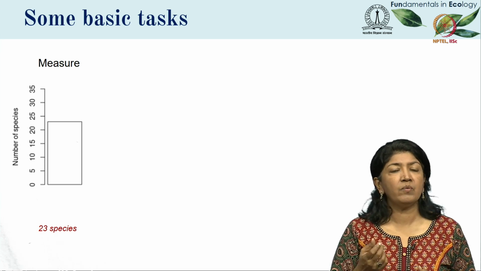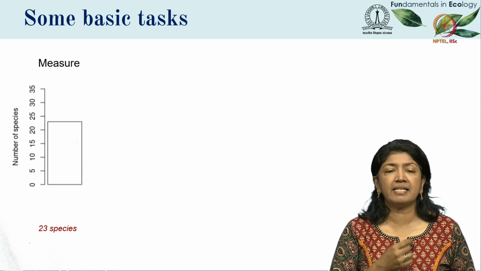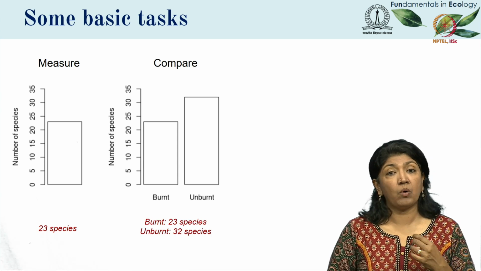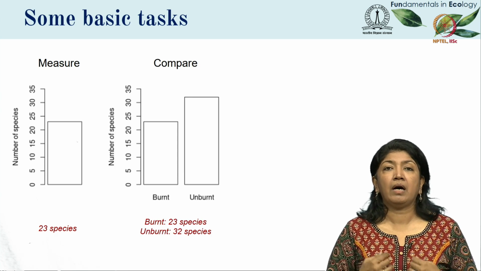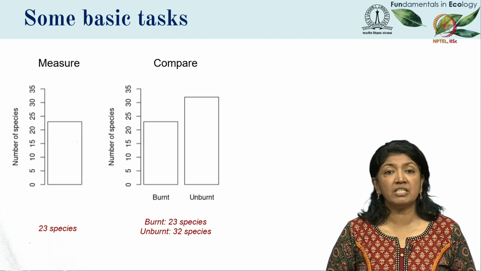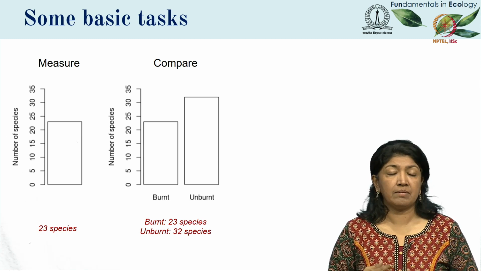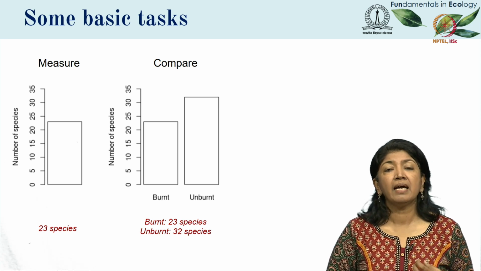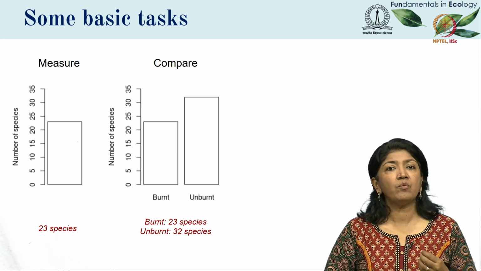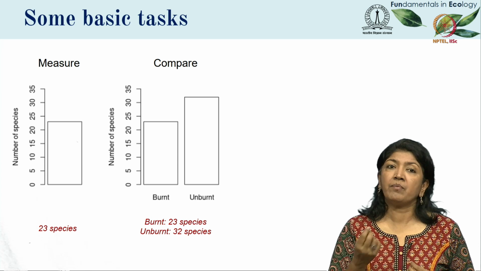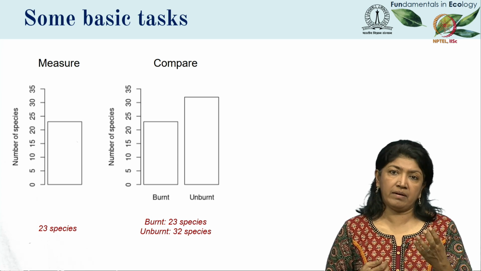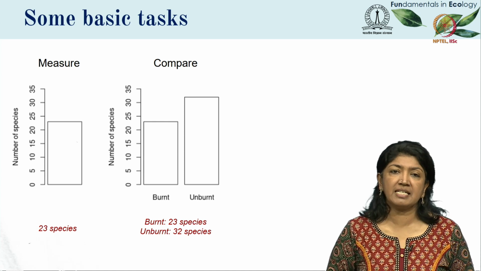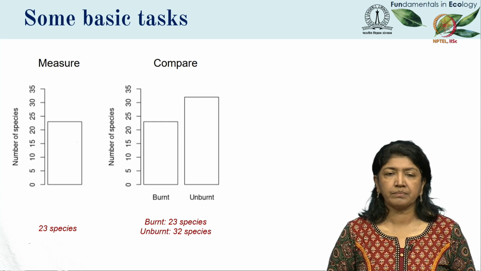So, for example, we might estimate that there are 23 species in this example here, or we might want to compare butterfly species richness in 2 habitats, maybe a habitat that has experienced fire, so a burnt habitat and an unburnt habitat, and we might want to then come up with estimates like, for example, here 23 species in burnt habitats and 32 species in unburnt habitats.